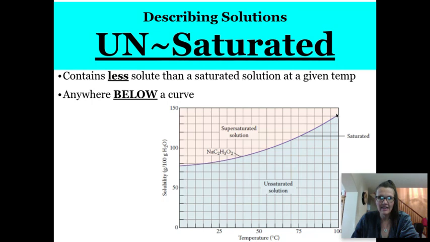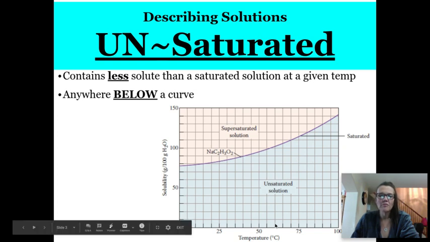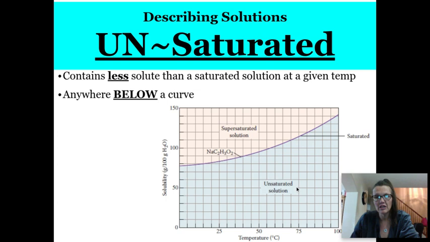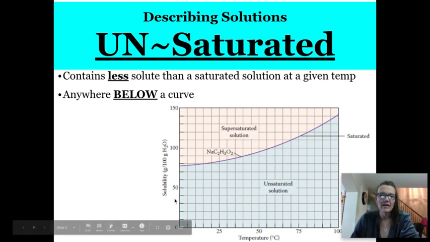Any solution that falls below that line would be considered unsaturated. For example, if we had a solution at 75 degrees and there were 50 grams of sodium acetate in the solution, that would be considered unsaturated because it's below the curve.